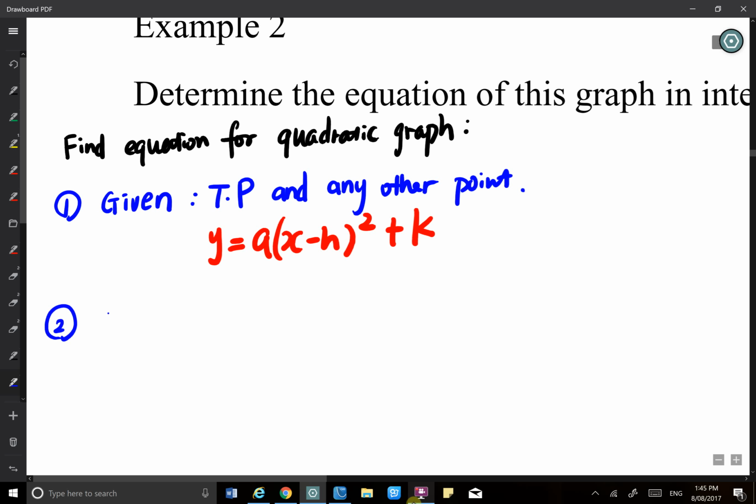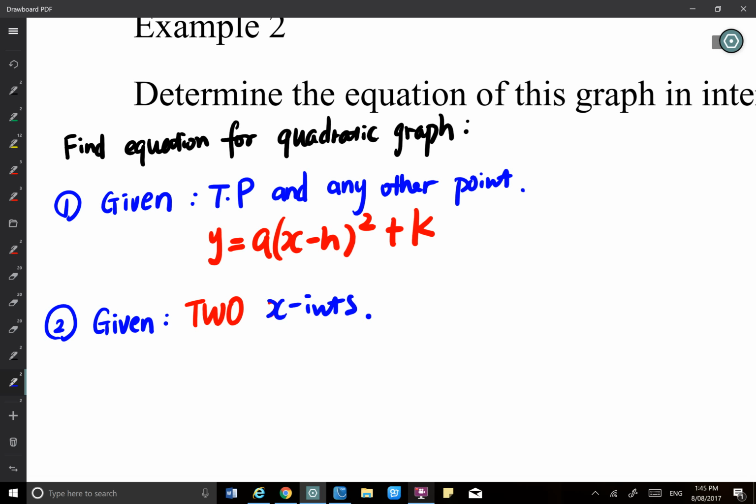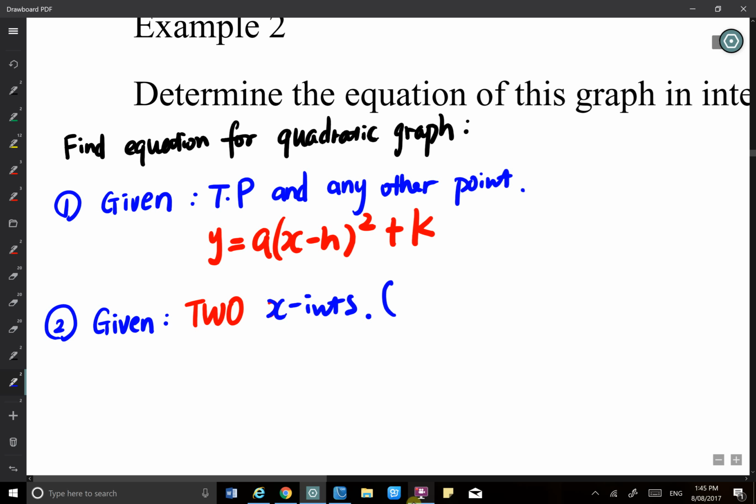Second, given two x-intercepts. If only one is given, it doesn't work. It must be two x-intercepts and any other point.